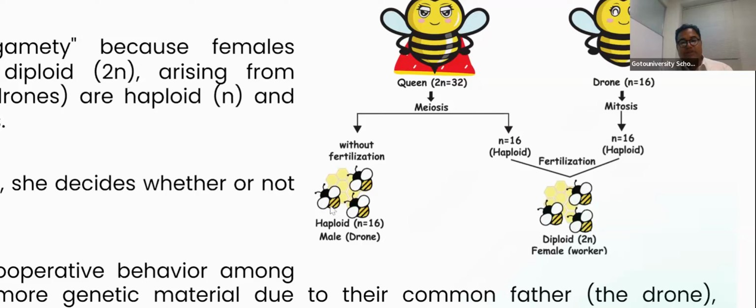So we need to understand that a single queen egg becomes a male drone without any fertilization process. What special term do we use for this? We call it the parthenogenesis process.